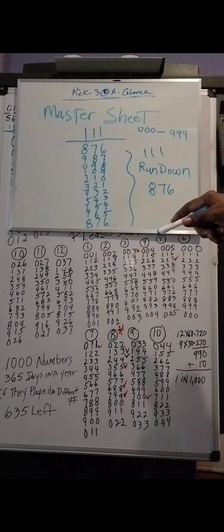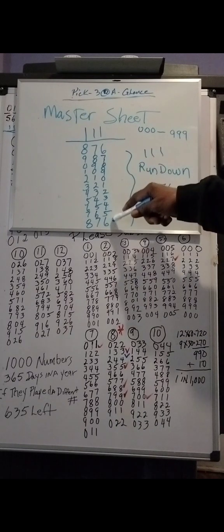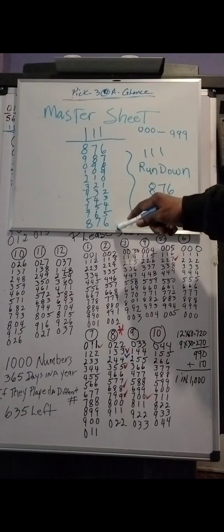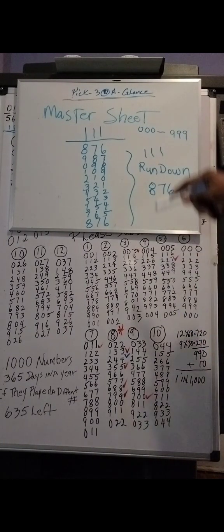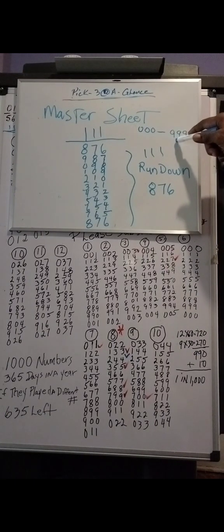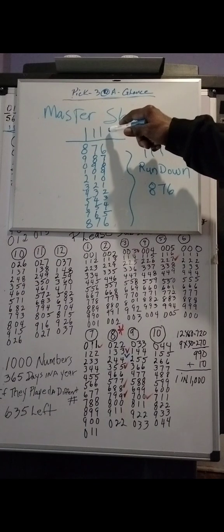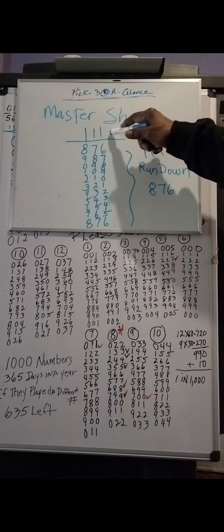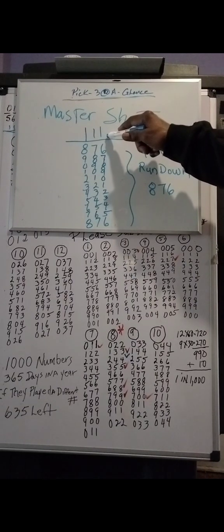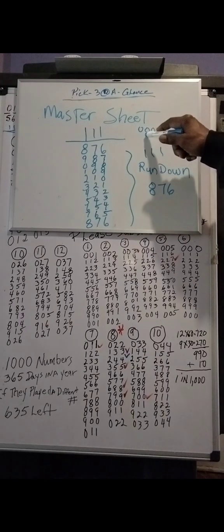But the 1-1 rundown with the master sheet is the only one that you'll ever have to use, because out of these 1,000 numbers, they can change this number to anything. Some of the popular ones are 646, 317, 123, 567, 777. They can make this number anything they want to, except for 000s.